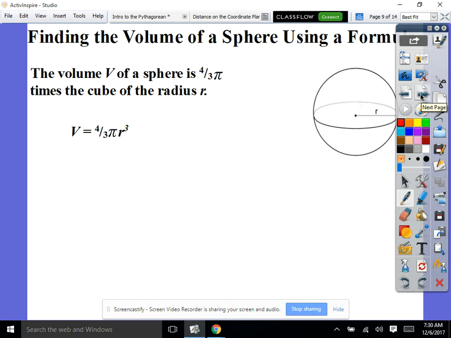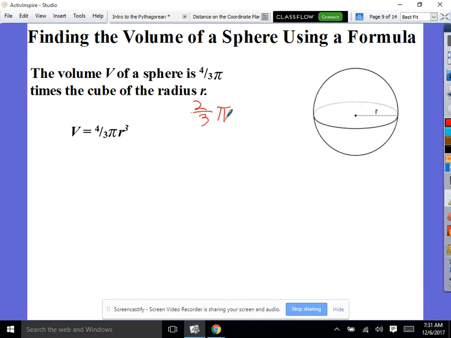All right, and then we found the volume of a sphere was twice the volume of the cone. So it would be 2 times 1/3, which is 2/3, 2/3 pi r squared h. And we know that h is 2 times r.